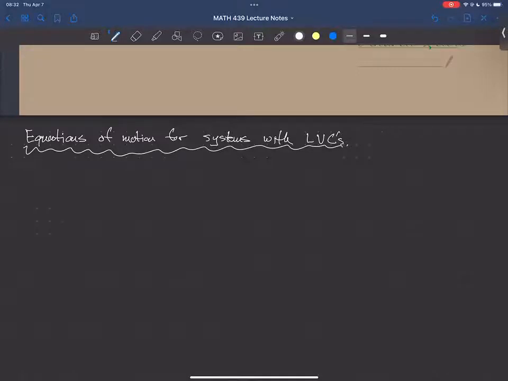Welcome to the last lecture ever for this course, I believe. So we last time started talking about equations of motion for systems with linear velocity constraints. And so remember the setup is we have a configuration manifold Q. We have a linear velocity constraint.